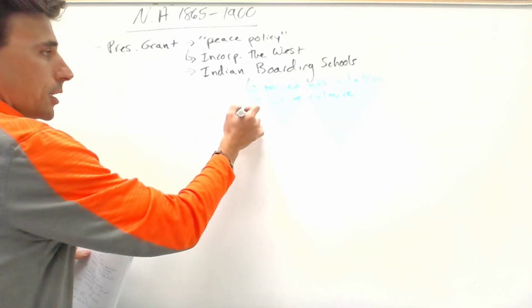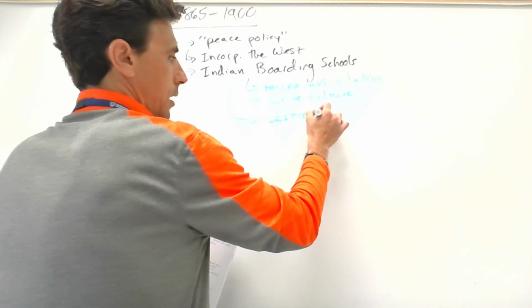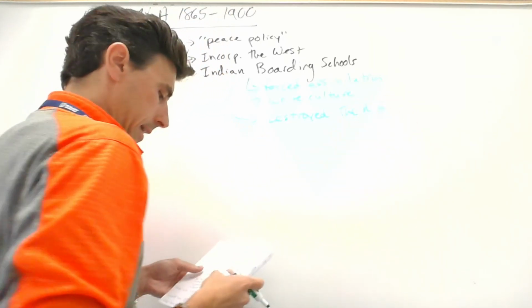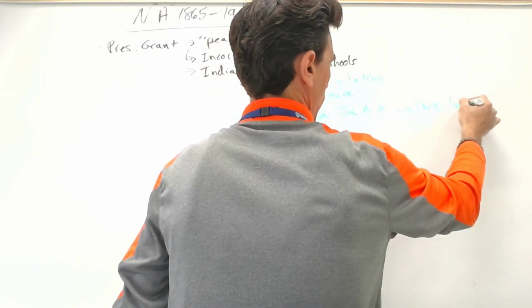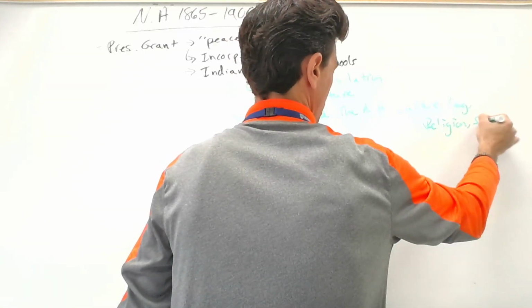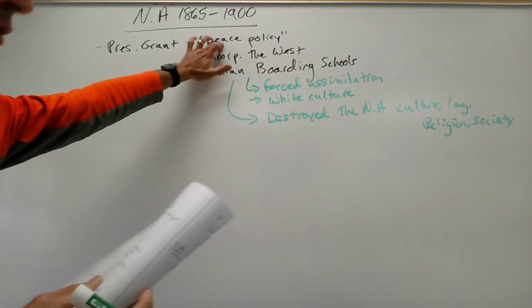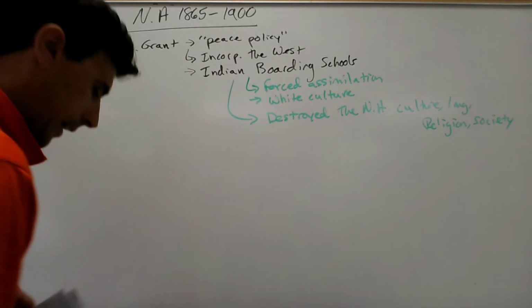And these Indian boarding schools ultimately destroyed the Native American culture, language, religion, and general society at this time. So these Indian boarding schools, although it was called a peace policy, were not very peaceful on the Native Americans.